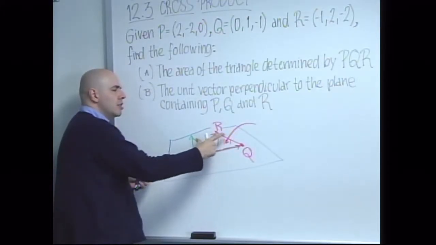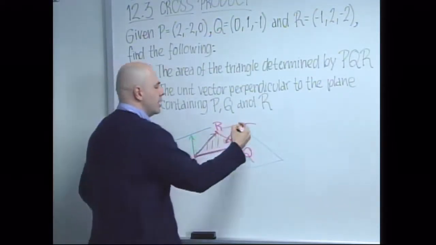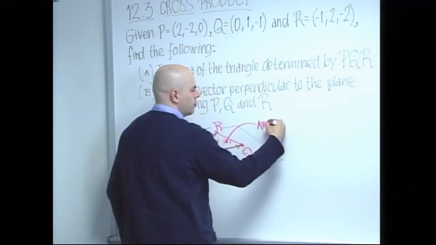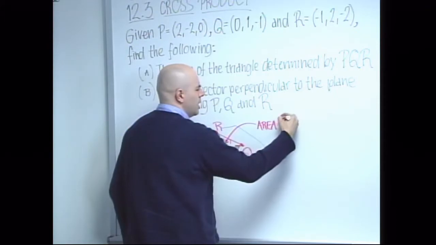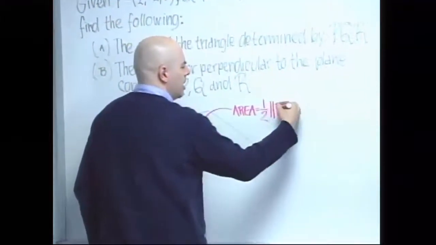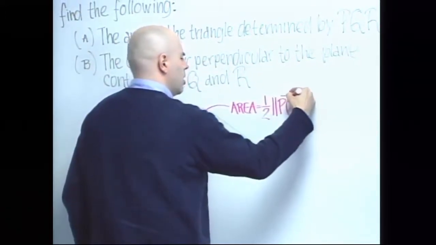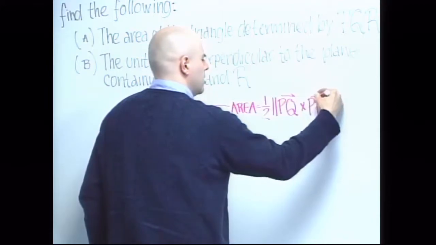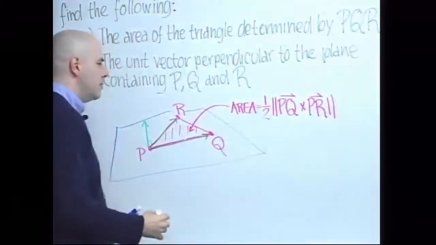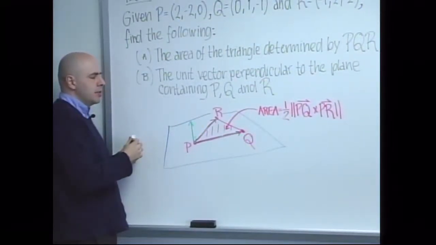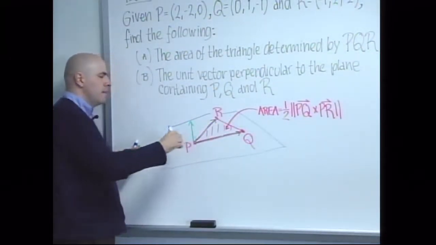The triangle is just half of the area of the parallelogram, so the area of this triangle is half of the magnitude of PQ cross PR. That's our first objective, and that will give you the area.